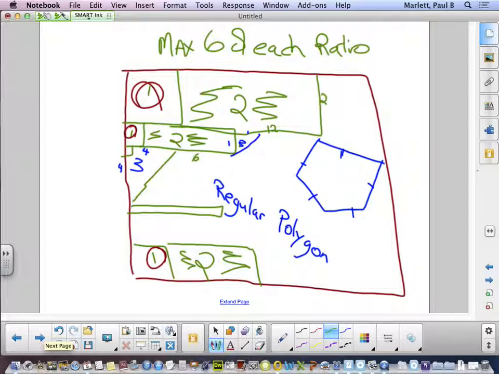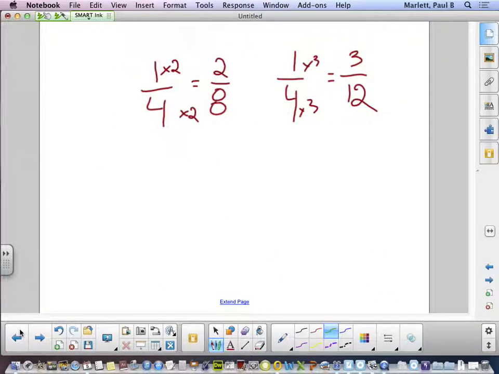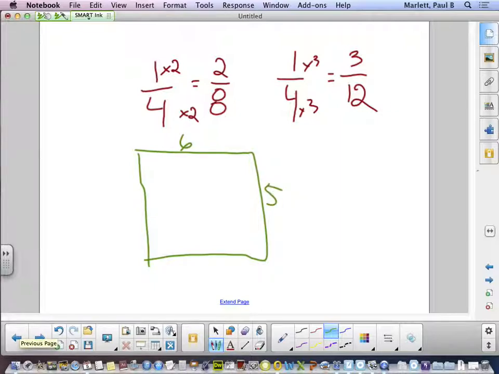But I don't know how to calculate. I showed you over here earlier on. So you're just multiplying the top and the bottom by the same number. How do I get the top and bottom? Well, count how many squares you have. 1, 2, 3, 4, 5, 6 by 1, 2, 3, 4, 5. That's a 6 by 5. So Michaela here has a 6 by 5 rectangle.